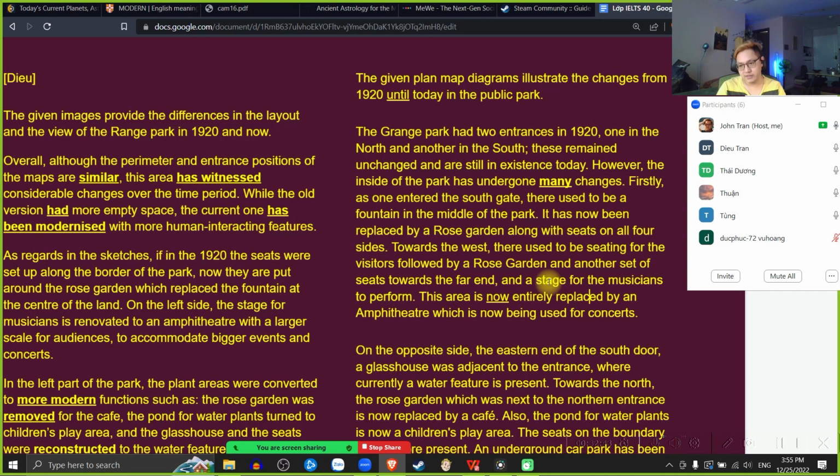Or you can use present perfect simple in here. This area has been replaced entirely by an amphitheater. Which is now being, the word now here. So we have the word now here already. So that's better to say has been entirely replaced.